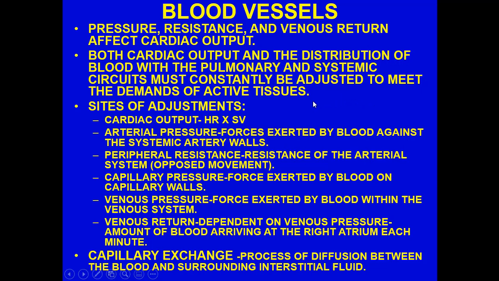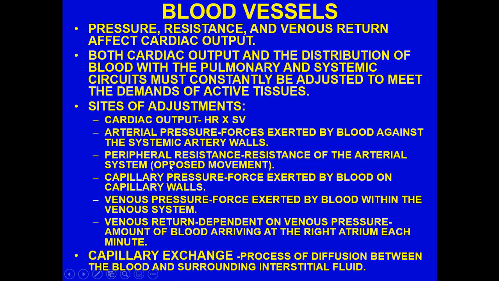Okay, so let's look at the sites of adjustment. First, we talked about cardiac output. You can increase your heart rate, and thereby you will also increase the possibility of more cardiac output. Arterial pressure. These are the forces exerted by the blood against the systemic artery walls. Peripheral resistance. The resistance of the arterial system.